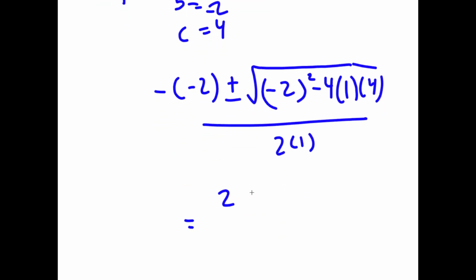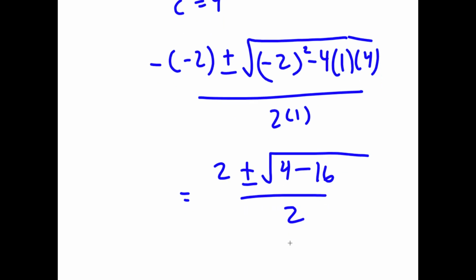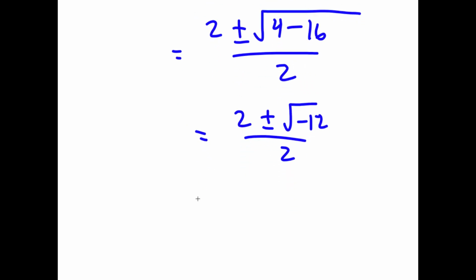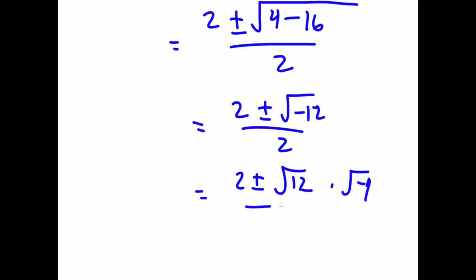Now this is equal to 2 plus or minus the square root of 4 minus 16 all over 2, which is equal to 2 plus or minus the square root of negative 12 over 2. And the square root of negative 12, that's equal to the square root of 12 times the square root of negative 1 over 2.